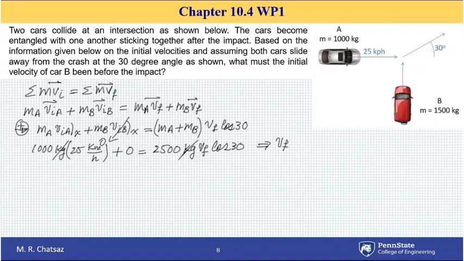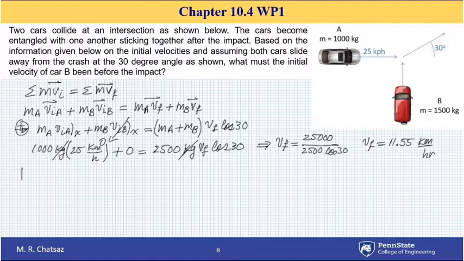And then if I take a calculator and solve for VF, I get 25,000 divided by 2500 cosine of 30, or 10 over cosine 30. So this gives me a final velocity of 11.55 kilometers per hour. This is the final velocity of both cars.